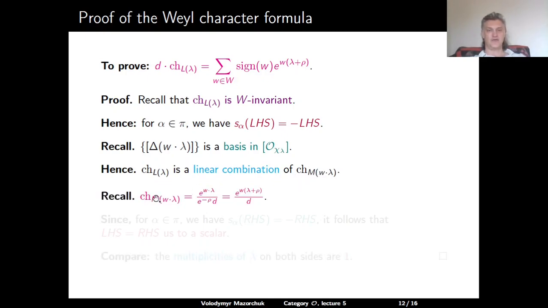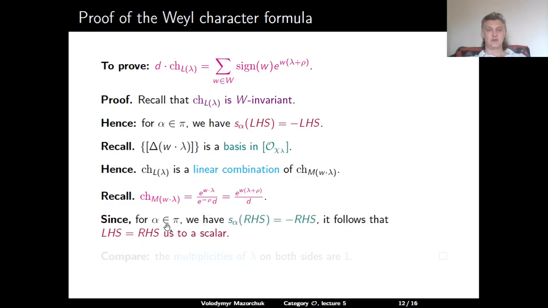The character of the Verma module delta W dot lambda is, as we have already seen, the exponent of the highest weight, the exponent of W dot lambda, divided by the element D times the exponent of minus rho. So this comes from the previous slide. And now we can rewrite it as the exponent of W applied to lambda plus rho divided by D.